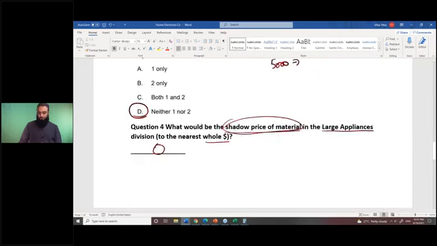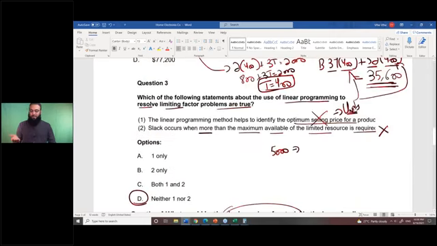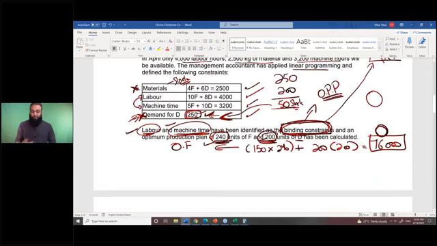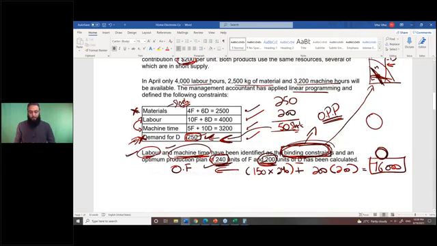So yeah, that's true. The last: labor and machine time intersect at the optimum point if shown on the graph. I have already explained this before. See my graph. Yes, labor and machine lines are intersecting because it was an indication that these two are the binding constraints at the final term.